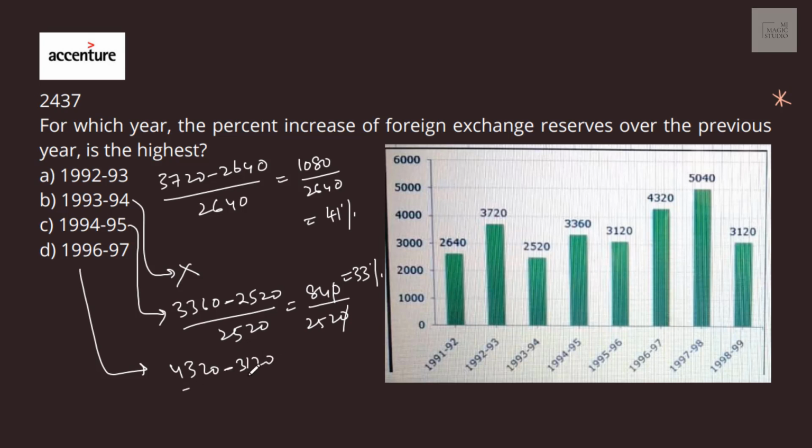Previous value is 3120, and 3120 is what we are looking out for. So it would be 1200 divided by 3120. Again, nearly 38% or 39%, 38.5% it would be. So if we compare 41, 33, 38, 41% is the highest. Answer A should fit in.